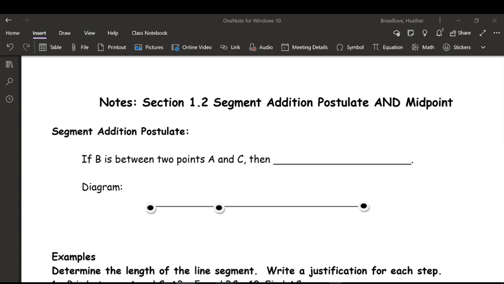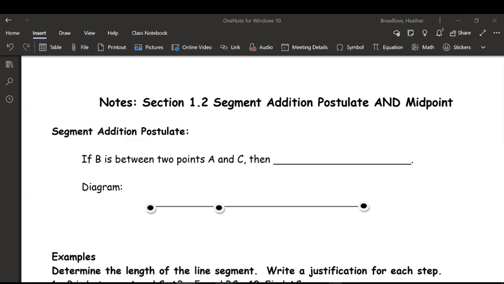So, segment addition postulate. Remember I told you yesterday a postulate is something that's just obviously true. It doesn't need a proof to explain it. It's just accepted. So the segment addition postulate is one of those things.